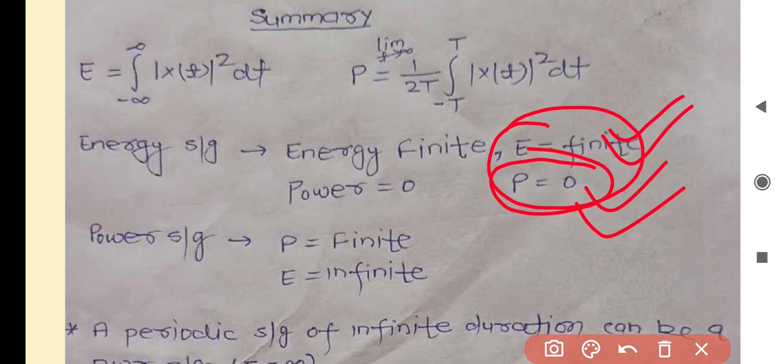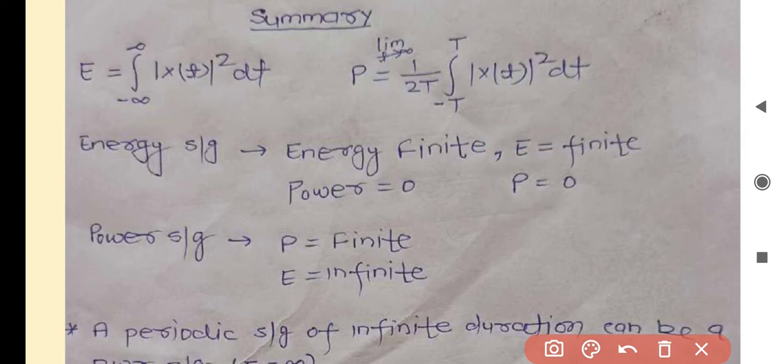Listen again: if the energy of the signal is some finite value and the power of the signal is 0, then the given signal is an energy signal. On the other hand, if we calculate the power of the signal and this power is finite and the energy of the signal is infinite, then this signal can be identified as a power signal.